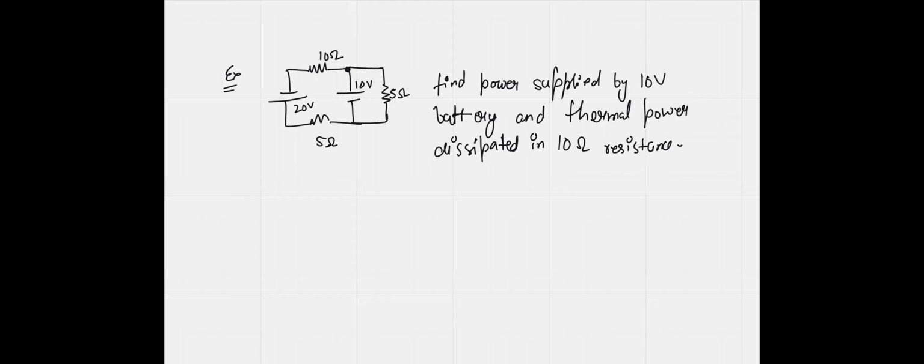Sir, I can't see the diagram. Wait, I'm using the red pen. This is the first way, and this is the second way. So which way have you got I? Sir, I can't see.